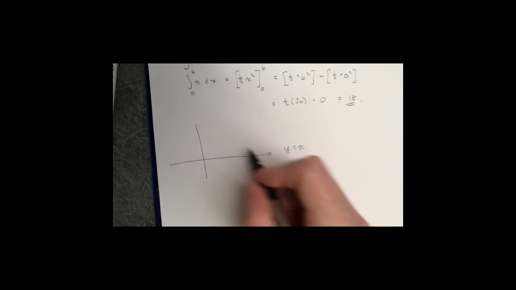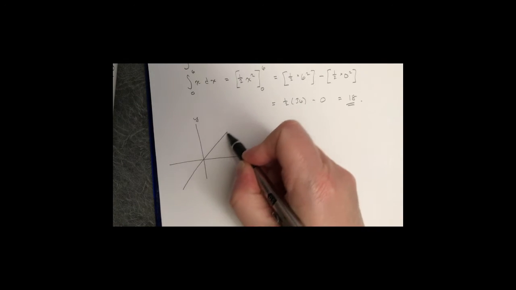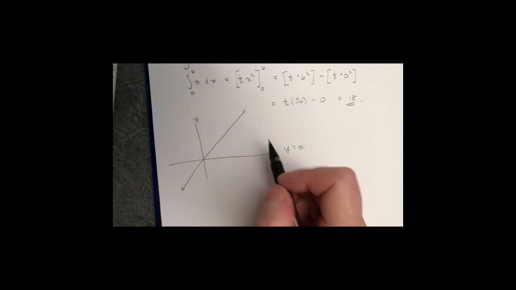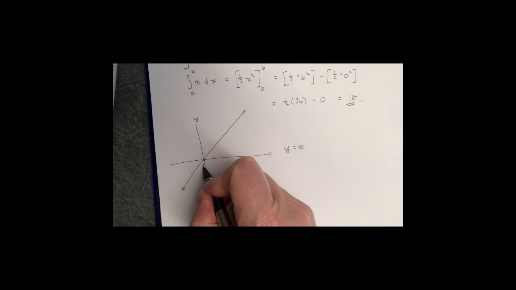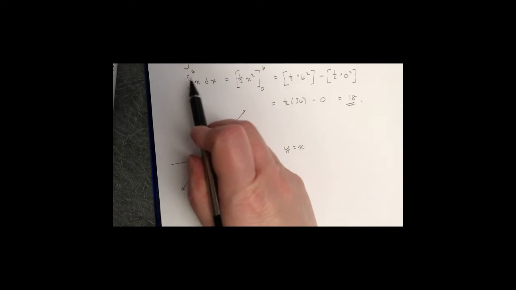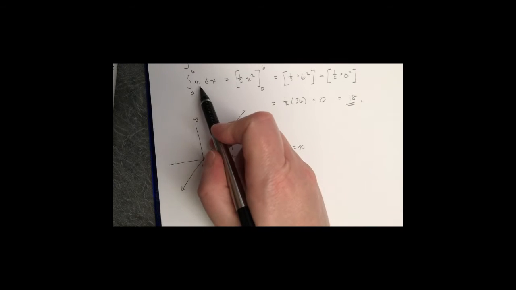This graph is going to be a straight line with gradient of 1. My limits are between 0 and 6, and those are x numbers. So here's 0, and here's 6. The interpretation of definite integration is that it gives you area under this curve.